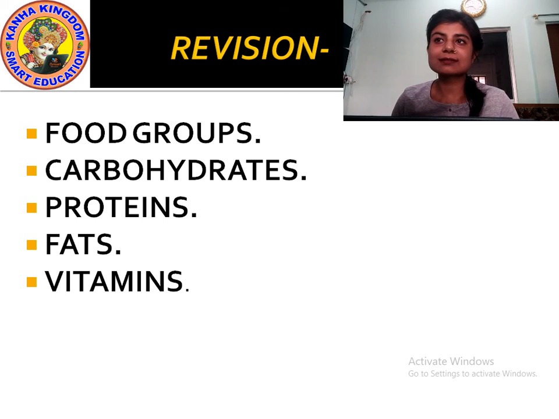It protects the cells from getting damaged and converts the food that we eat into energy. Understood? Then vitamin K helps in blood clotting, bone metabolism and regulation of blood calcium levels in our body.